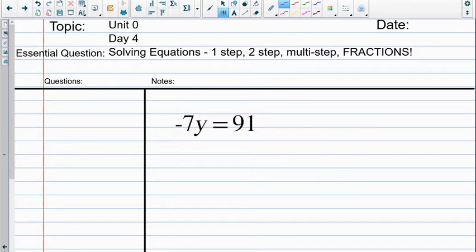Hopefully you remember that when we are solving equations, we work our order of operations backwards. The last couple days we've been talking about order of operations. Now you're kind of working it backwards. So you would add and subtract first, and we don't have anything to add and subtract, because remember, when these two things are touching, that means they're connected by multiplication.